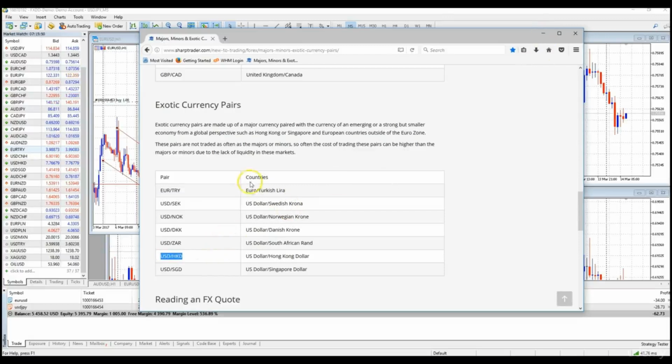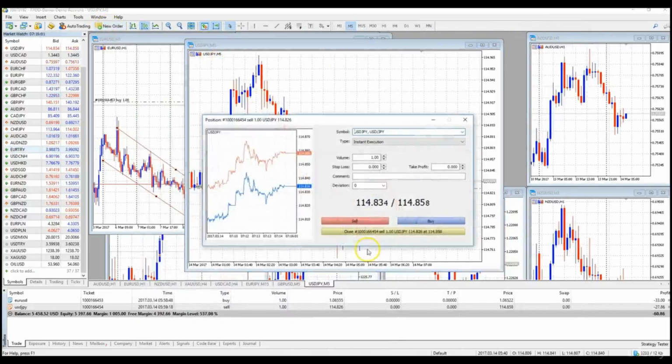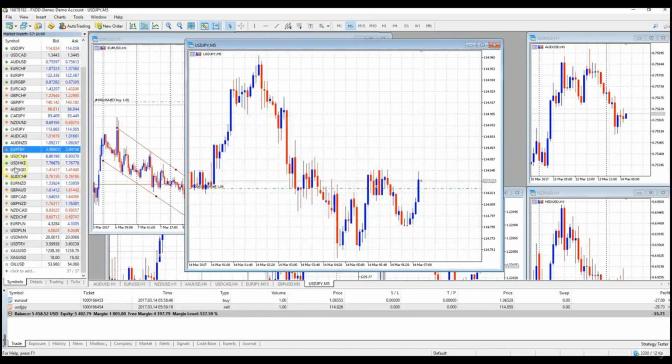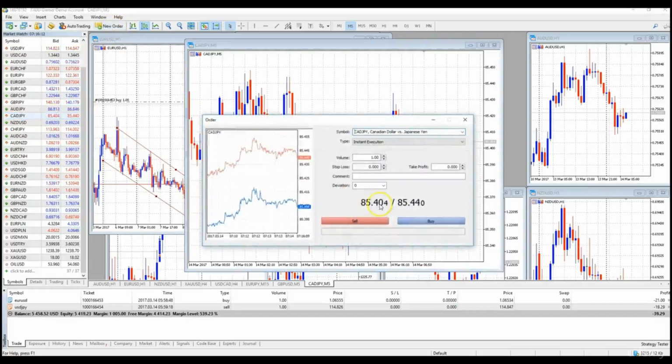Now, the difference between trading majors, minors, and exotics is mostly the pip spread. If we take a look at USD yen, the pip spread here is about 2 pips. Let's take a look at a minor. CAD yen, the pip spread here is about 3 or 4 pips, give or take.